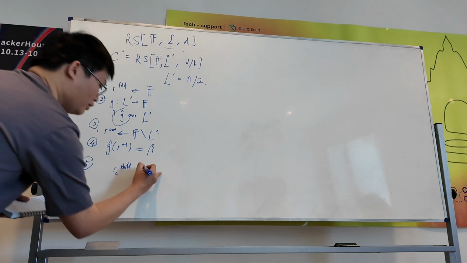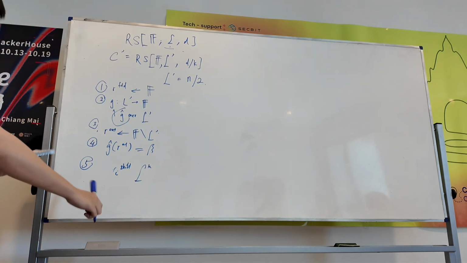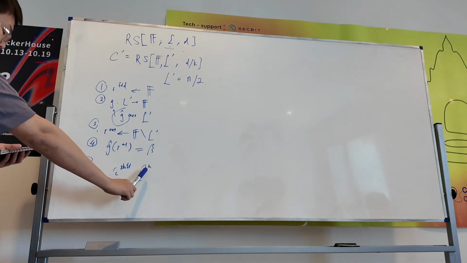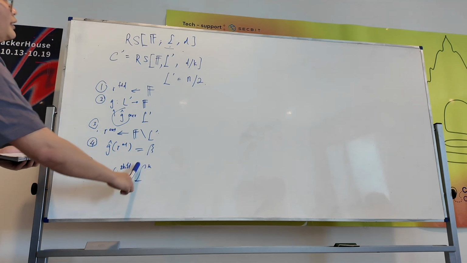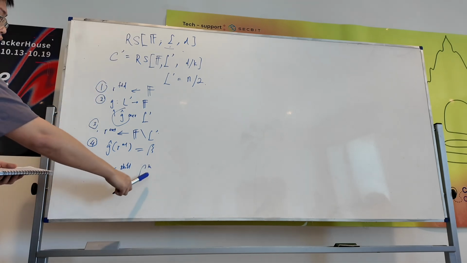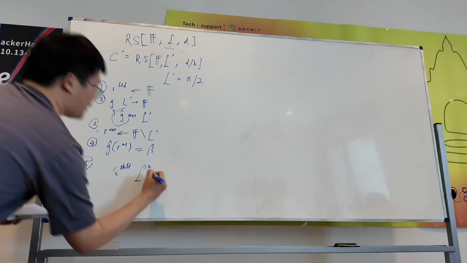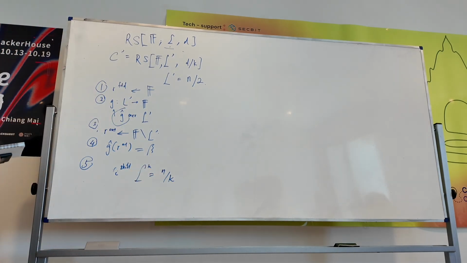Okay, so the r_i shift is sampled from this, which is a little different from n divided by 2. It's the evaluation domain of the folding factor, which actually equals n divided by k, I believe.